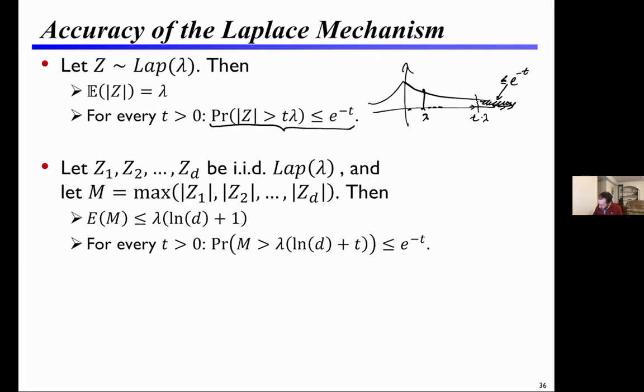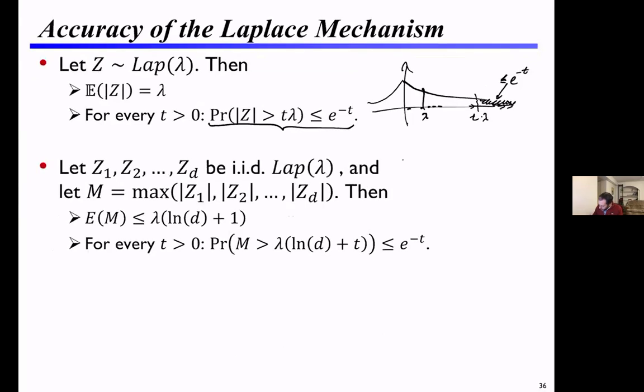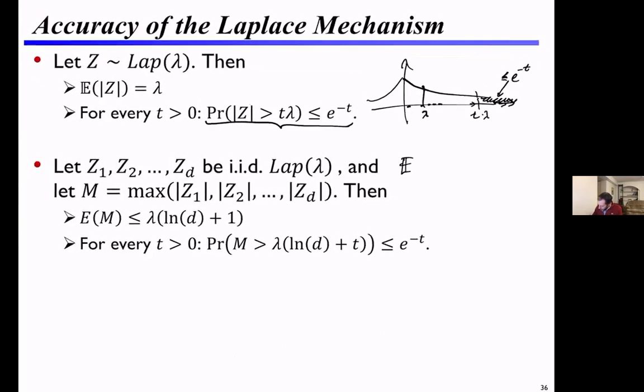One thing we can look at is the expected L1 norm of this vector. So we can look at the expectation of the L1 norm of Z_1 through Z_d. The L1 norm, remember, is just the sum of the absolute values of these.